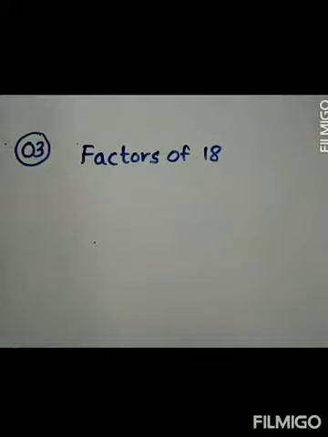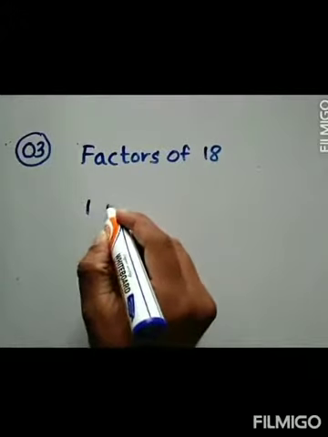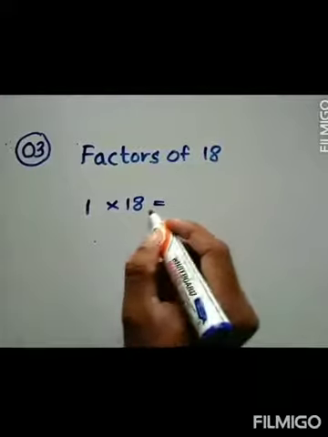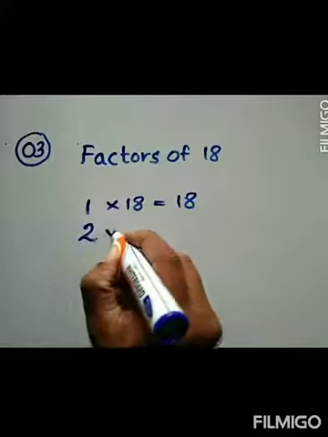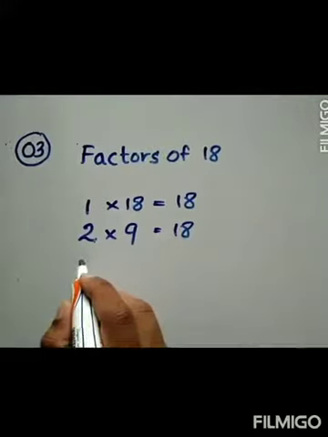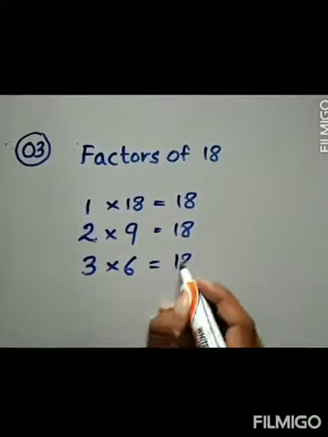Third question says that write all the factors of 18. To find the factors of 18, you must write several ways which can make 18 by multiplying two numbers. If I consider 1, you can get 18 by multiplying 1 by 18. If you consider 2, 2 times 9, you will get 18. Again, if you consider 3, you can write 3 times 6, it's 18.